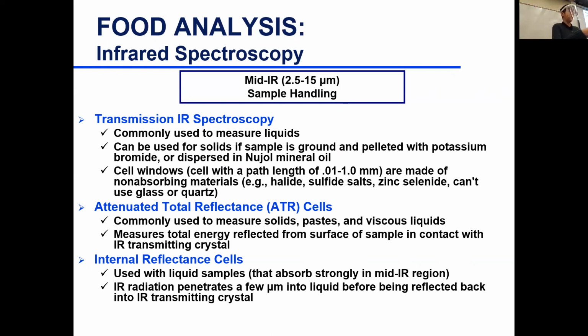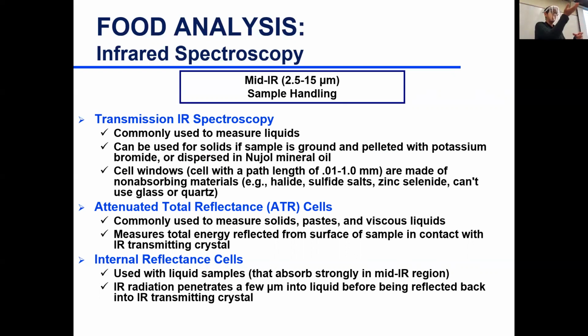Basically you have your solid material in a cell and then light is projected on it. It's not going to go through. So what happens is the light goes into the sample. Some of the molecules are going to absorb light, and the rest of the light is going to be reflected.